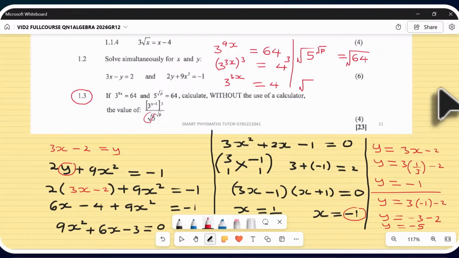Now it's going to be 3 power 3x. Being a minus 3 here, it comes in the denominator, 3 power 3, then multiplied by the root of this 5 power root p.